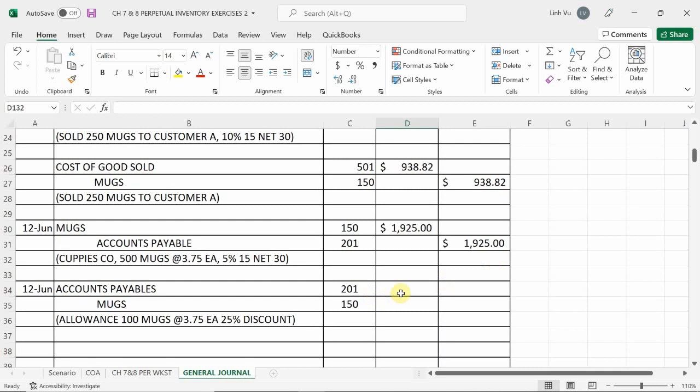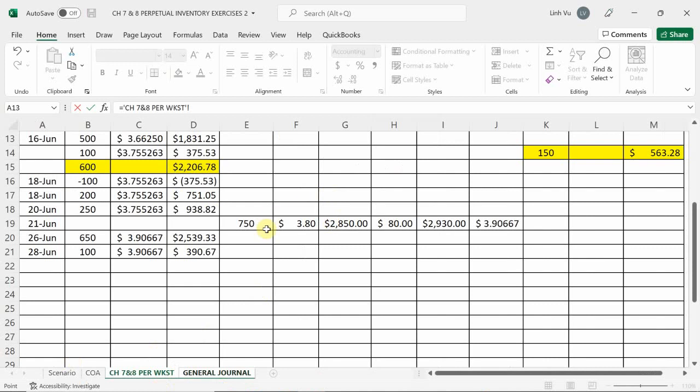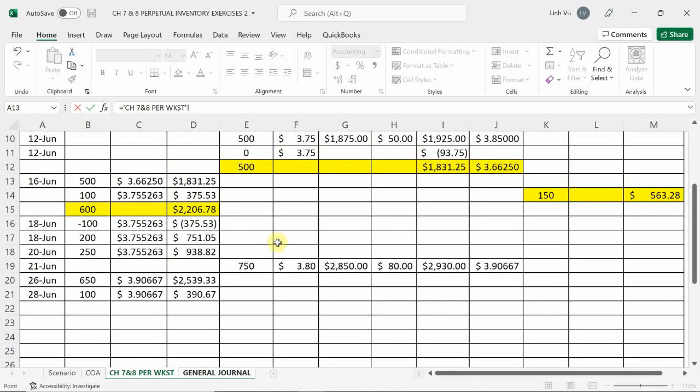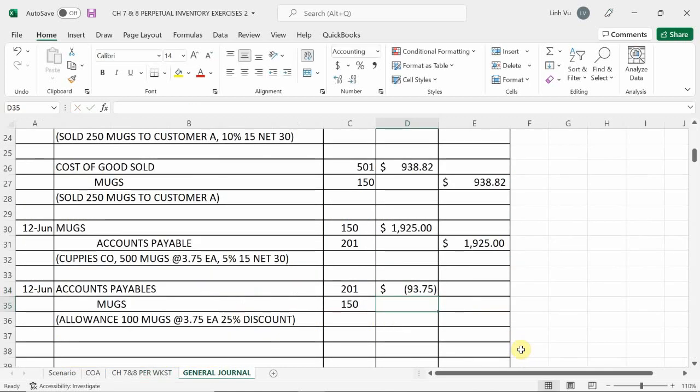Right here, the allowance is right here. So I know we calculated in our inventory worksheet, so let's take a look. Inventory worksheet, we returned 0 because we got a discount, right, for $93.75. Okay.